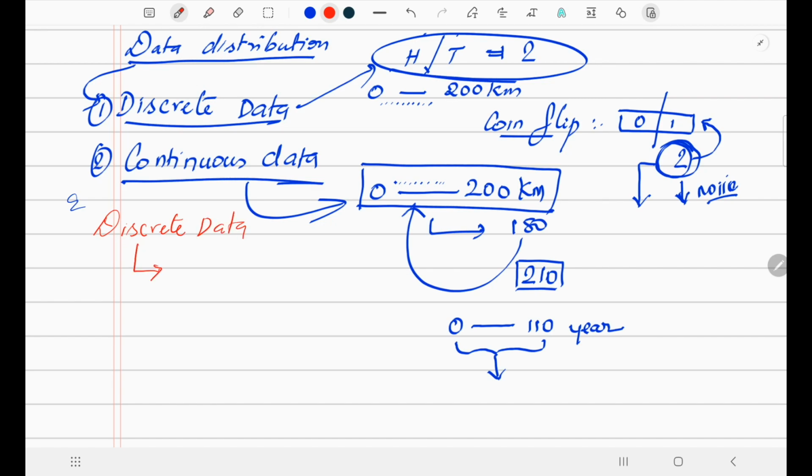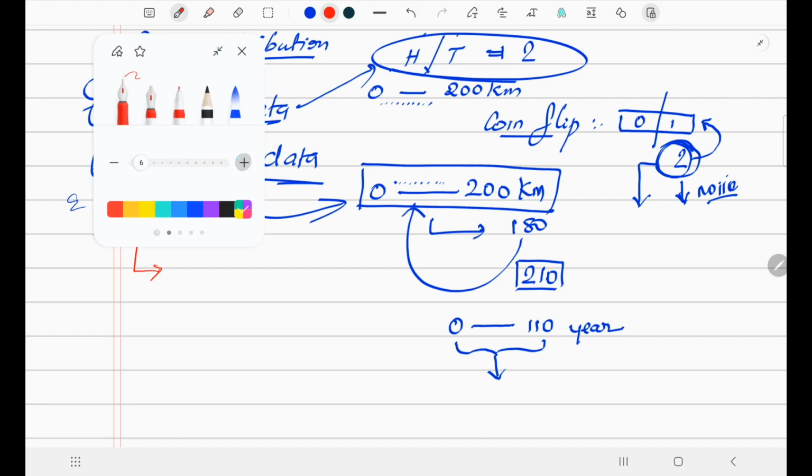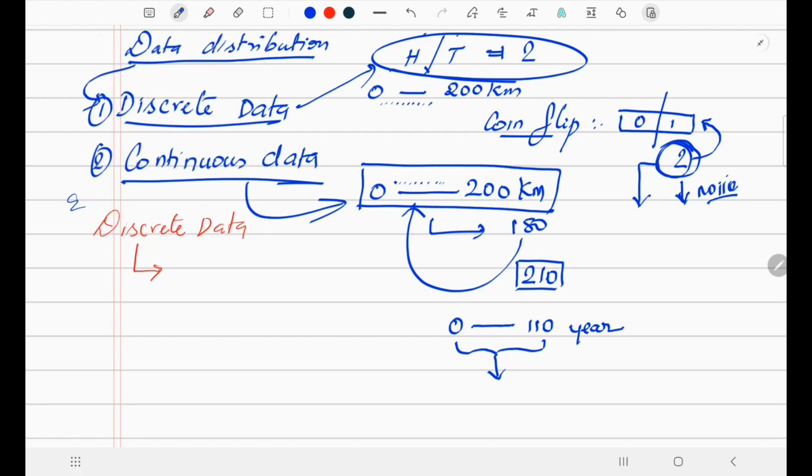Several types of discrete, let me increase the size.